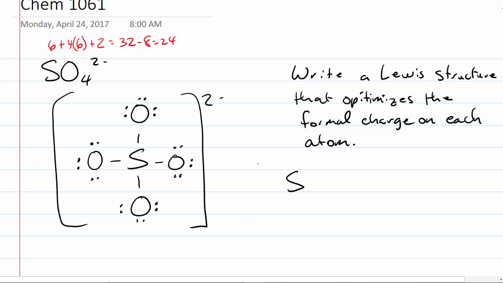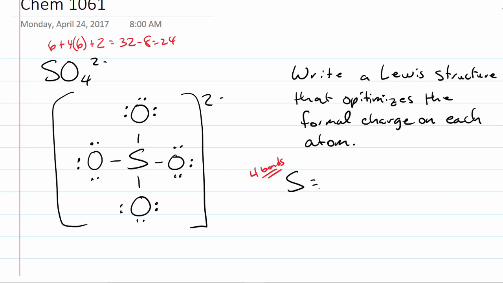And the sulfur, as we have it written, is showing 4 bonds. So to calculate its formal charge, we take the valence electrons in a free sulfur atom. And how many valence electrons does a free sulfur atom have? 6.